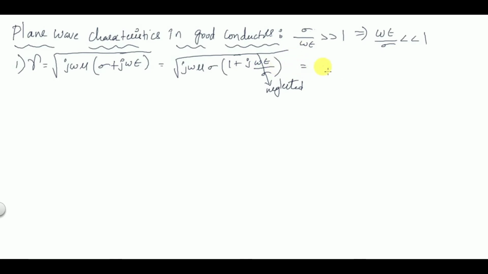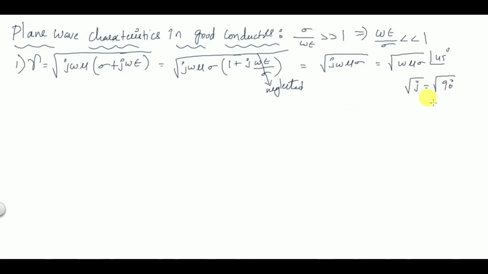So what you are left with here is root of j omega mu sigma. We can write it as root of omega mu sigma at an angle of 45 degrees, because root of j is root of 90 degrees.